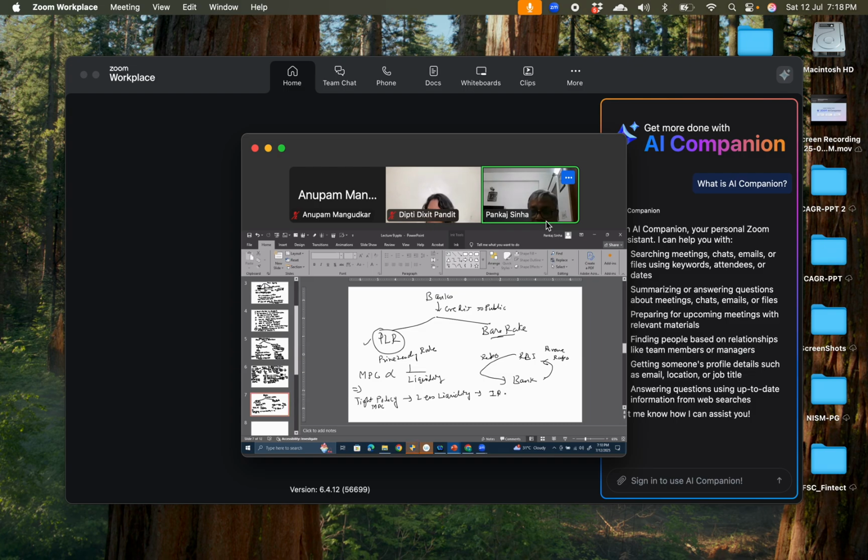Means interest rates are higher. Repo, MSF and bank rate, you have to look at all three, and what is happening: CRR is going up, SLR is going up. Soft monetary policy means soft MPC means more liquidity.